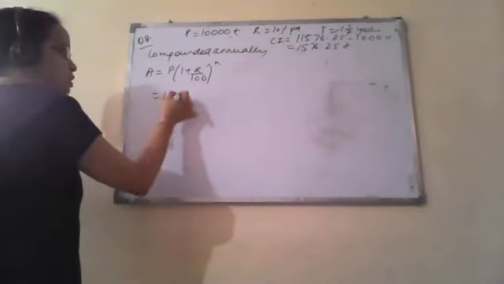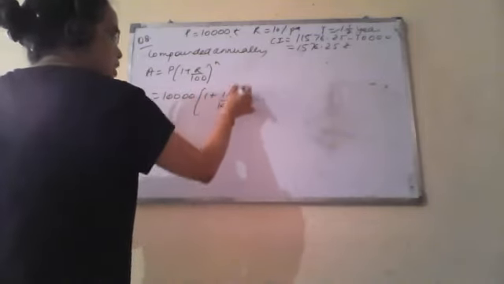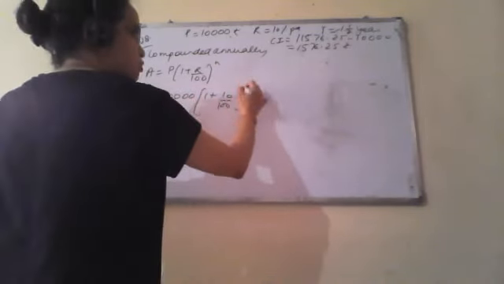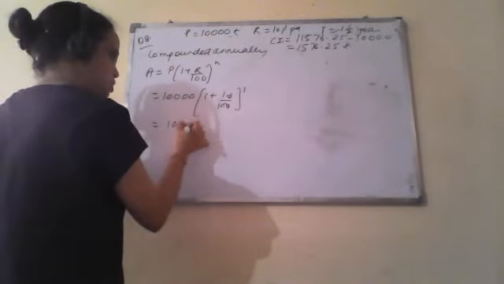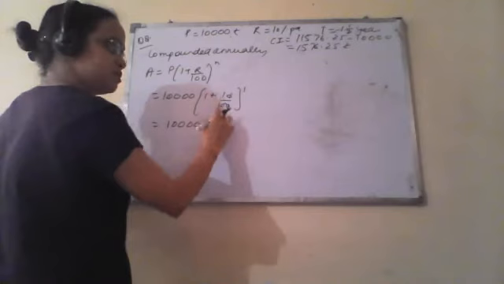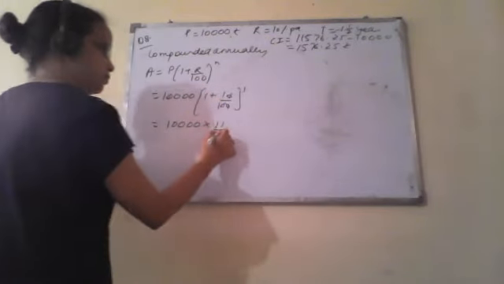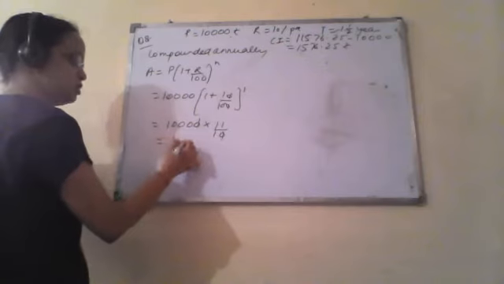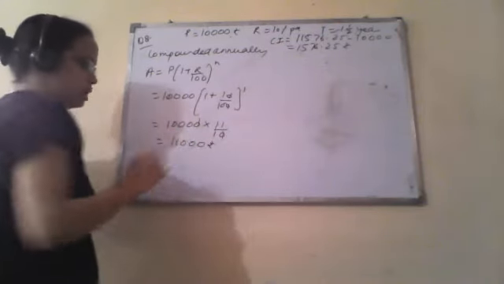Principal is 10,000, rate is 10%, and the value of n is 1. So first we are calculating for the first year. It is 10,000 into 1 plus 1 upon 10, which comes out to be 11 upon 10. So the amount for the first year is 11,000.